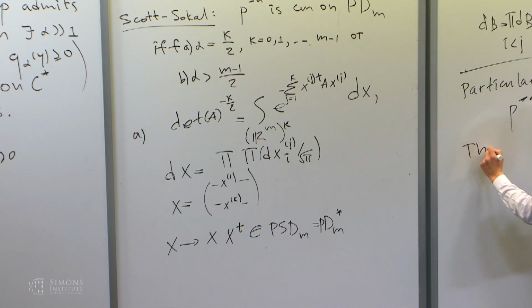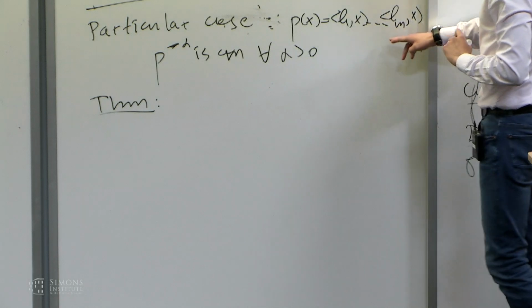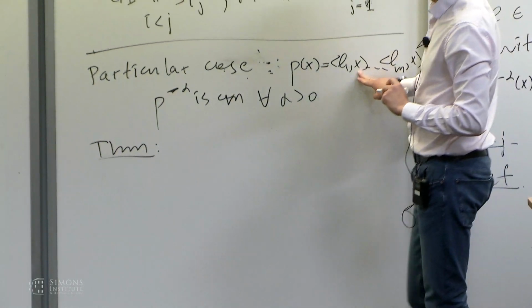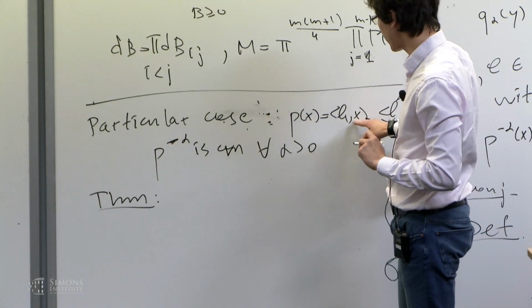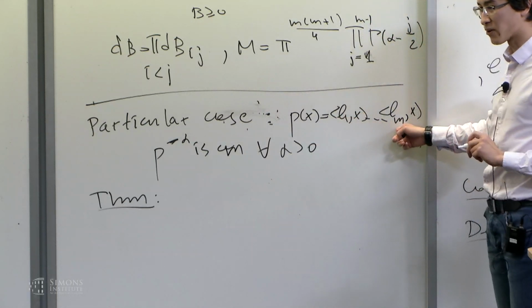And the theorem is as follows. Let me fix, so my x lives in R^n, so it's an n-dimensional vector, and let me fix the last n linear forms to be coordinates.